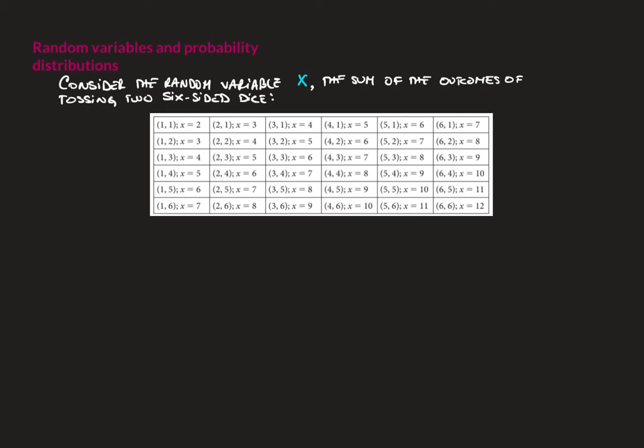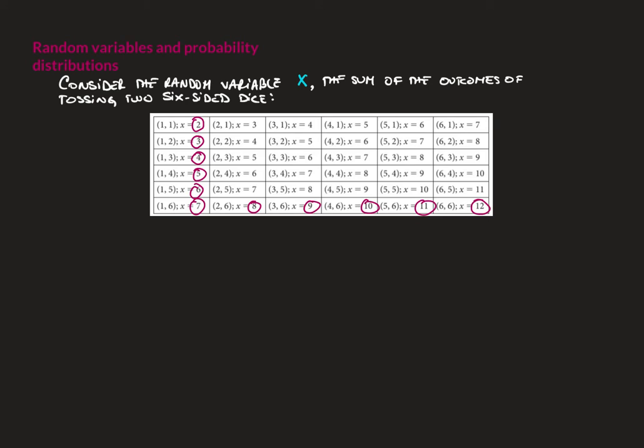So in reality, we are only getting values 2, 3, 4, 5, 6, 7, 8, 9, 10, 11, and 12. All the other outcomes are repeated outcomes. They are not new. So our sample space for this variable is going to be the natural numbers from 2 to 12.